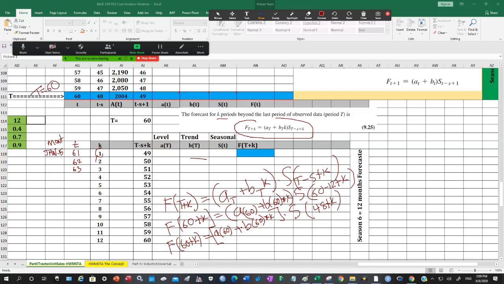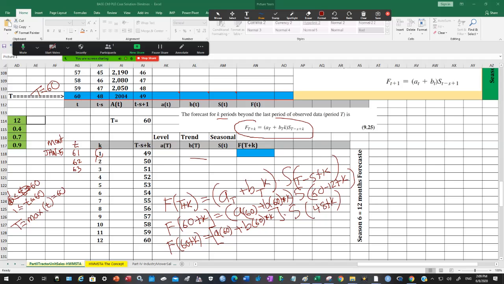I did say before, but I'm not sure if it was while we froze, lowercase t is between periods 1 and 60, and uppercase T is the maximum value of lowercase t, which is 60.